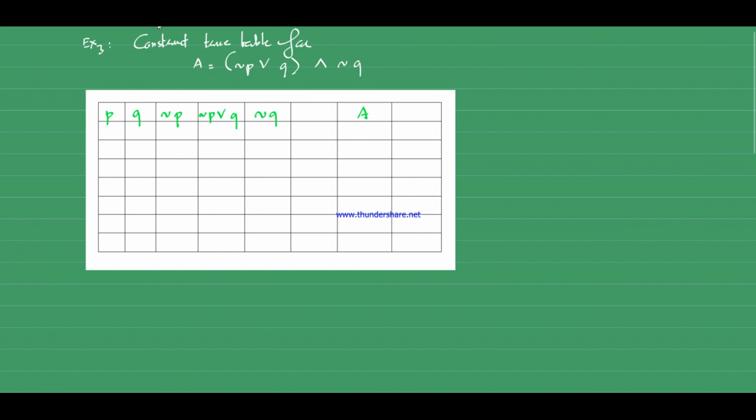So let's put all the information in. We have true, true, true, false, false, true, false, false. So negation of P will be false, false, true, true. Then you do the disjunction, the union between these. He satisfies the first condition, so it's still true.